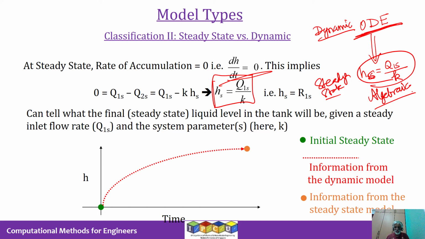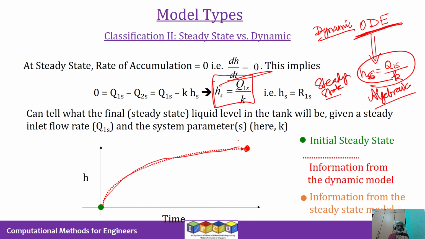But the problem is, yes, the model is simple when you're talking about steady state, but then you will only get the value of h at the final value of time. You will not be able to draw this trajectory if you have a steady state model. The steady state model will give you only the steady state value of h.